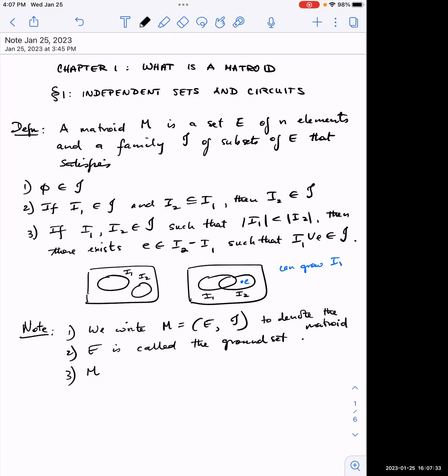Three, members of I are called independent sets. But the motivation for that terminology is still not there.